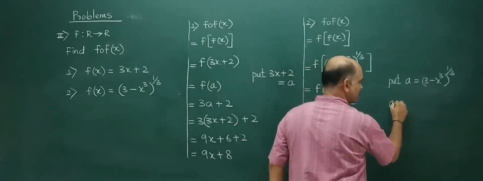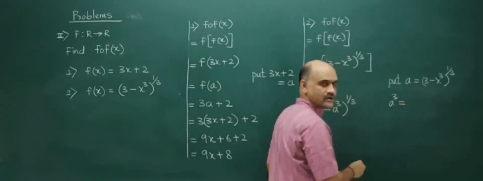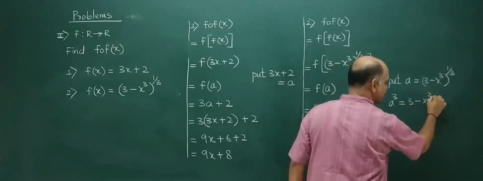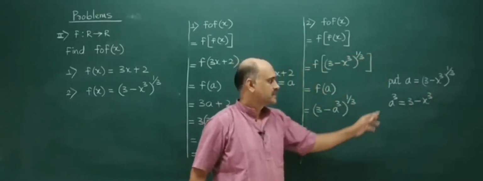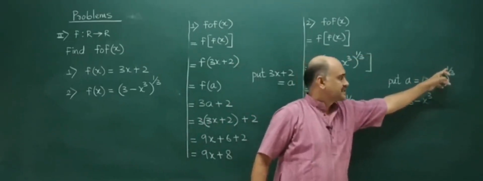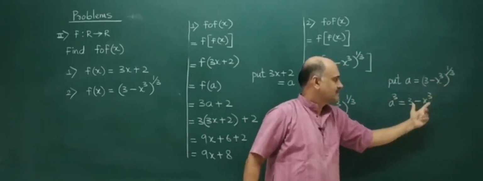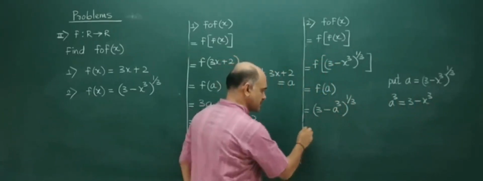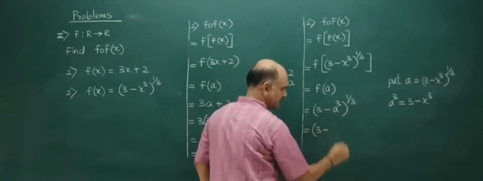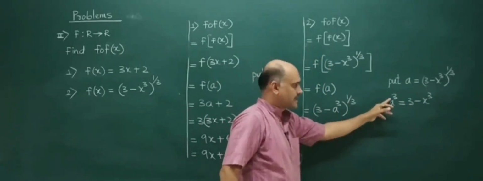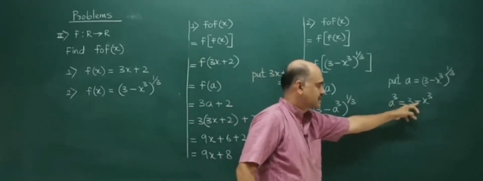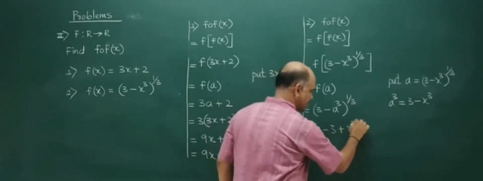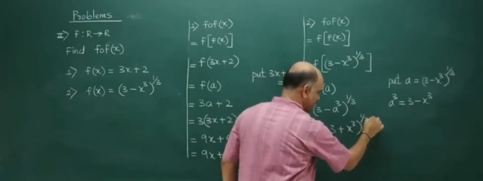If a is equal to this, then a cube will be equal to this, the cube root gets cancelled. You will have 3 minus x cube. So I will substitute that over here. This is equal to 3 minus, minus a cube means this will be minus, this will be plus. So bracket 3 minus 3 plus x cube raised to 1 by 3.